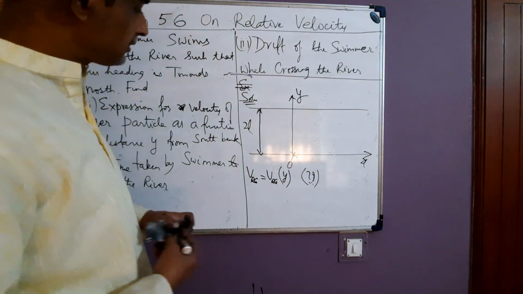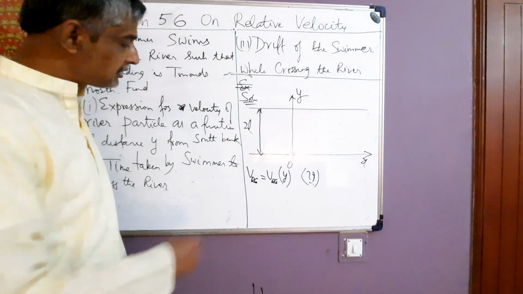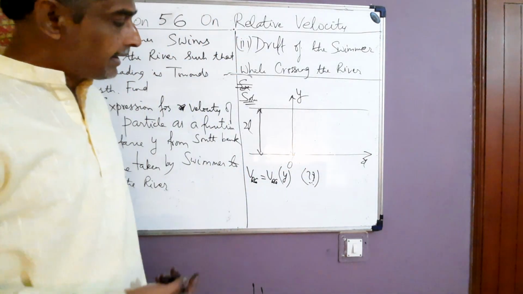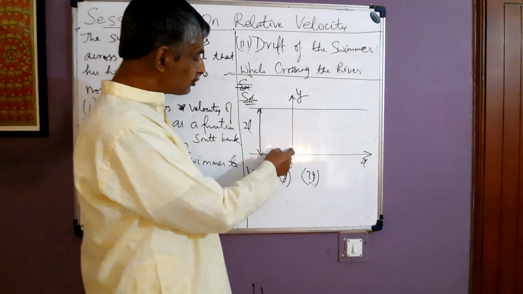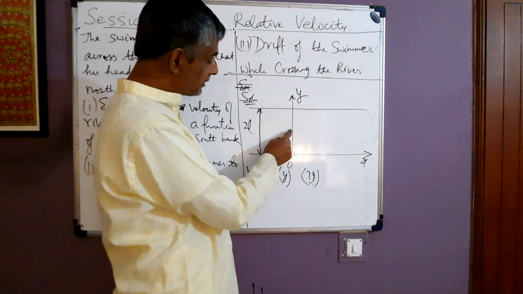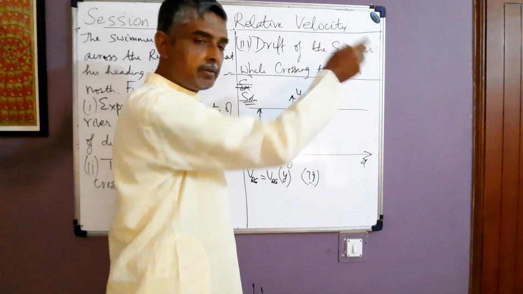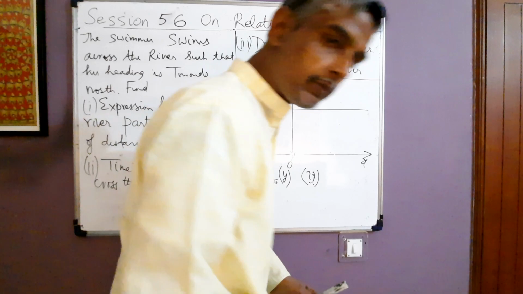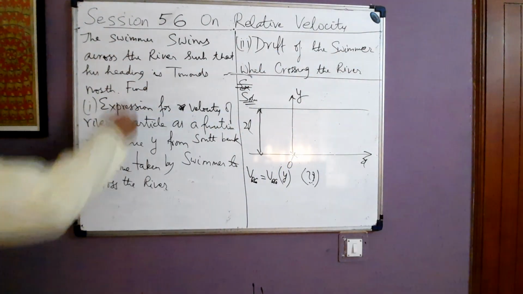Now it is given that the flow velocity of river is 0 everywhere on the south bank and increases linearly with distance y from south bank to maximum value of U at the center of the river. And then again it decreases linearly from U to 0 everywhere on the northern bank of the river. Okay, fine.